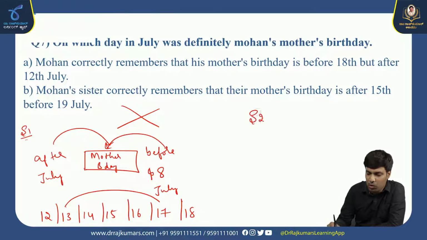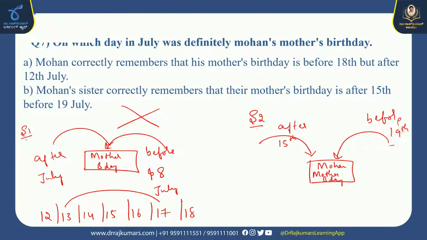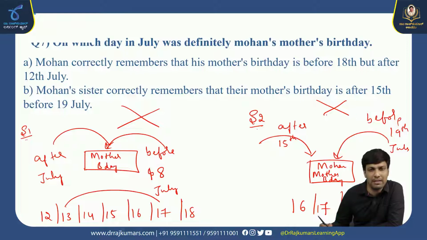Coming to statement 2, we have Mohan's sister correctly remembers that their mother's birthday is after 15th but before 19th July. In this case also we have 16, 17 and 18 as our dates. On statement 2 also we didn't get the particular date of Mohan's mother's birthday.